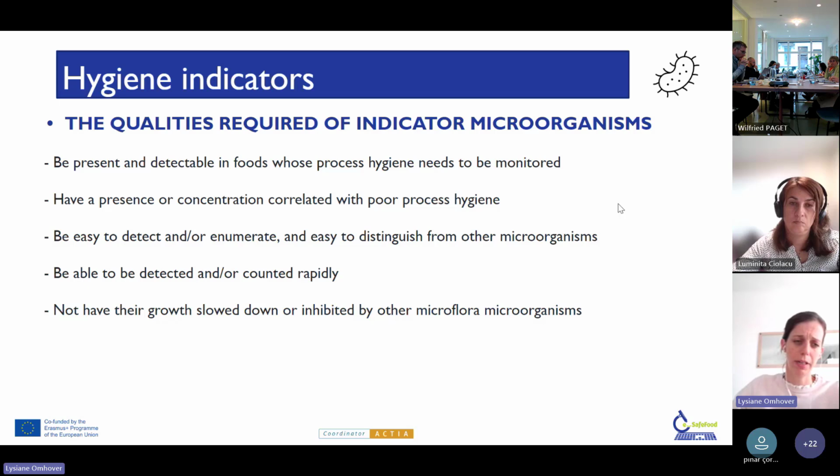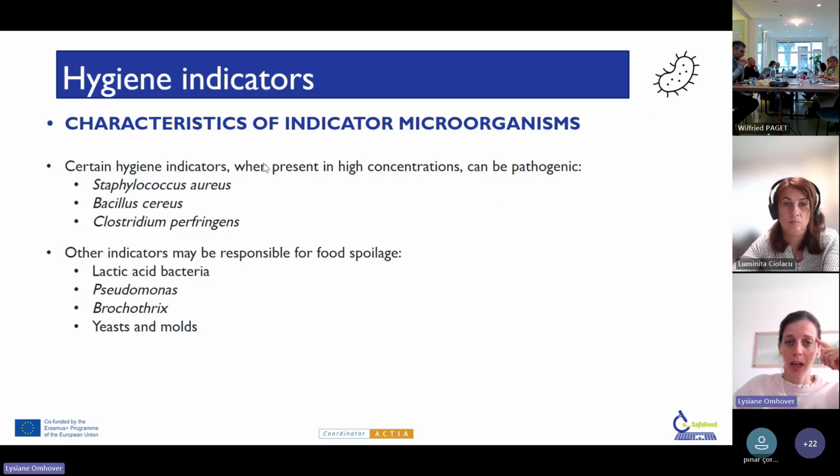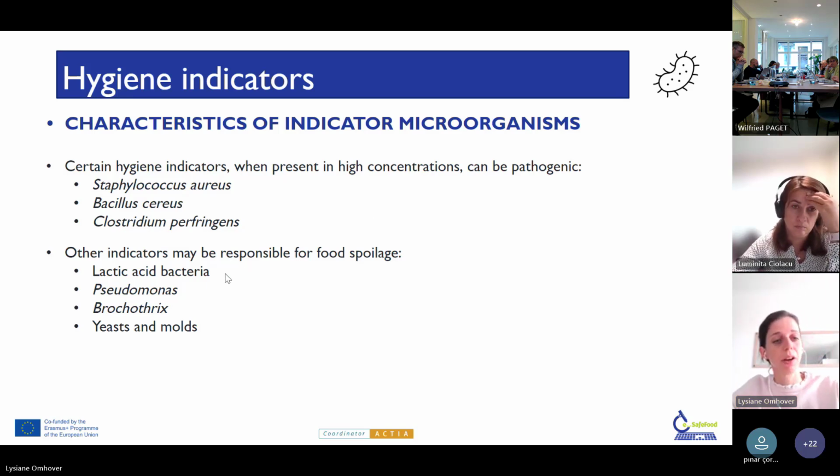They should be counted rapidly, and they have a slow growth or are inhibited by other microorganisms. Some hygiene indicators, when they are present, can be pathogenic, such as Staphylococcus aureus, Bacillus cereus, or Clostridium perfringens. And other microorganisms can be responsible for food spoilage, such as some lactic acid bacteria, Pseudomonas, Brochothrix, or some yeasts or molds.